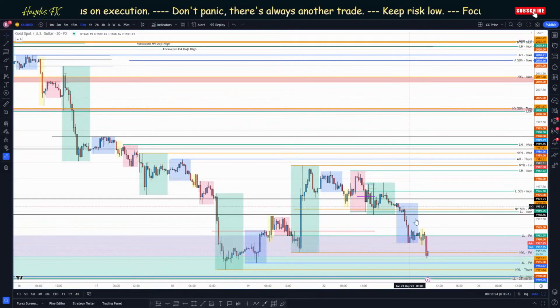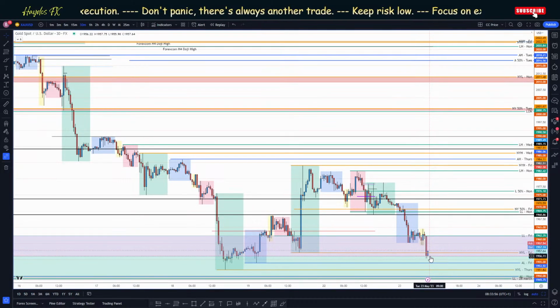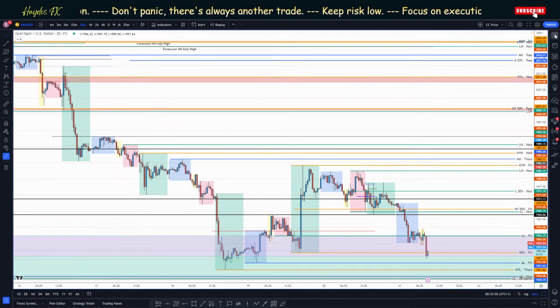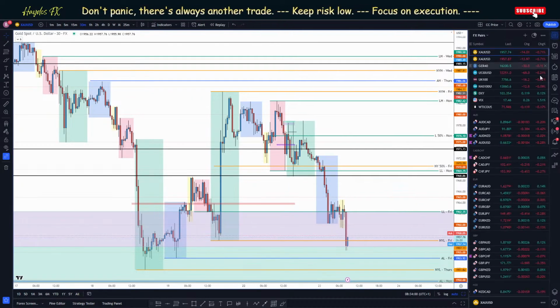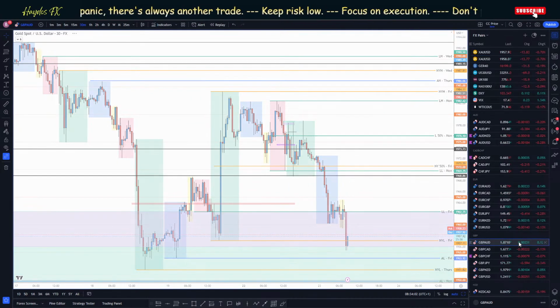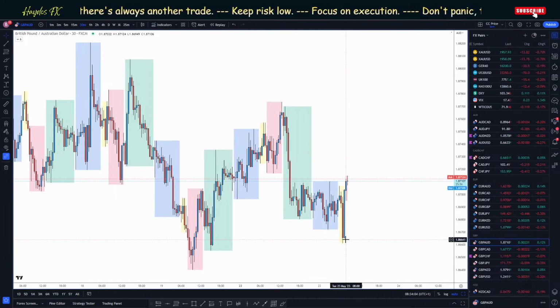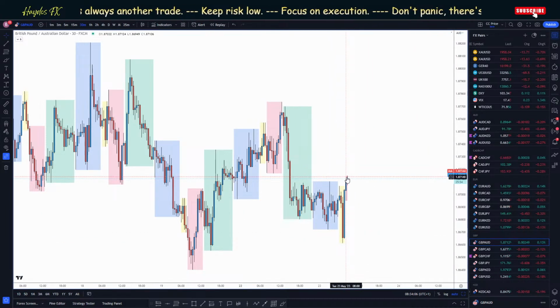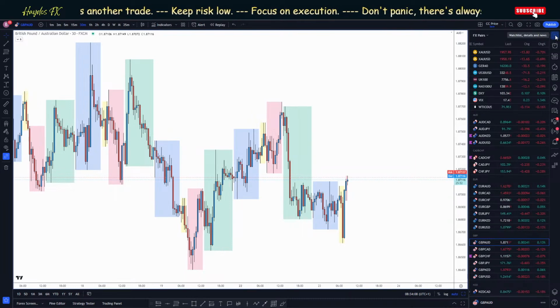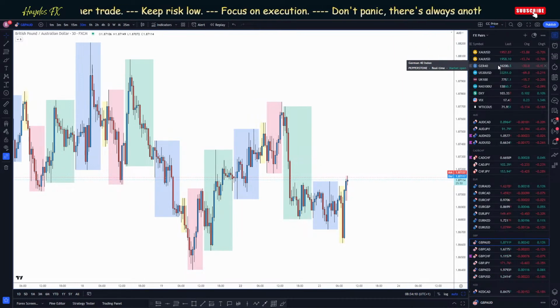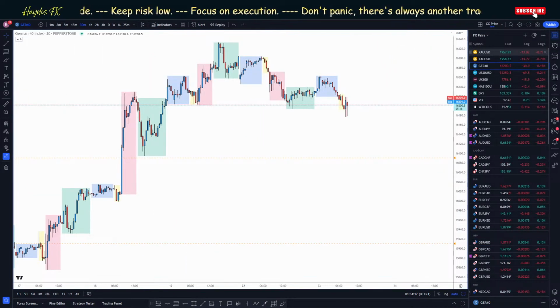Gold's having a bit of a breather as well. Pound did that full recovery. I thought about buying pound Aussie. A bearish divergence on the 5. Let's have a look. Oops. Go gold.